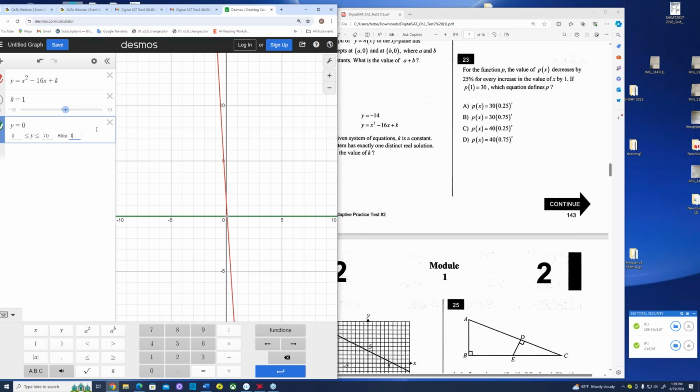It's not this line. y equals negative 15.